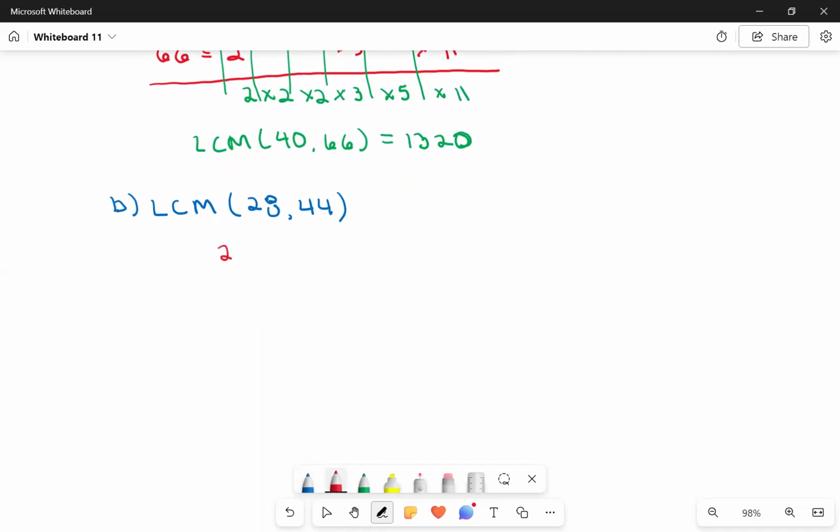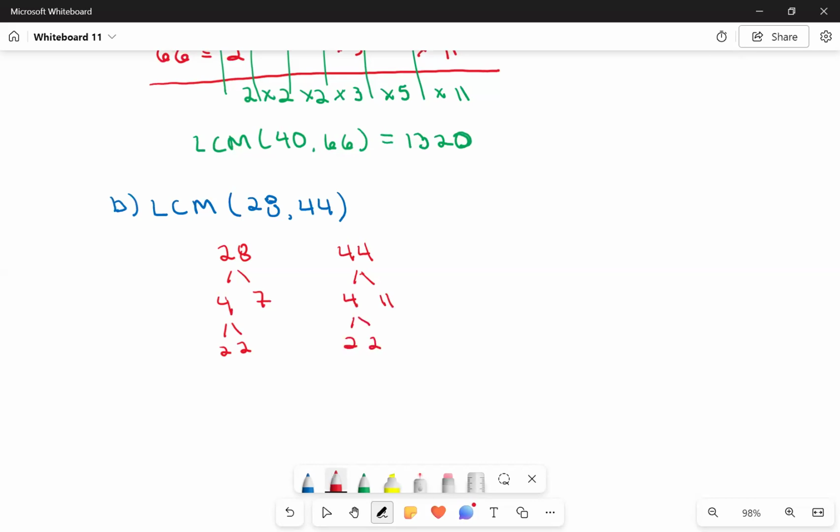So 28 is 4 times 7. And then 7's done. So 4 is 2 times 2. Cool. All right. And then 44 is 4 times 11. 11's done. And again, 2 times 2.